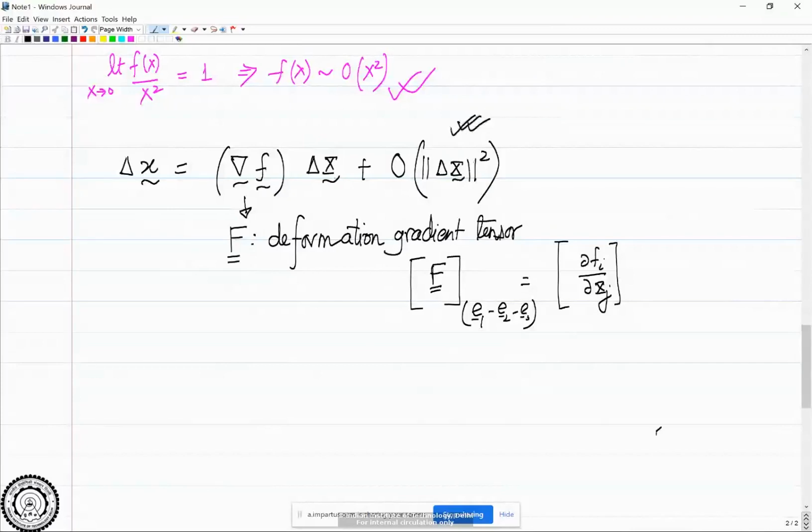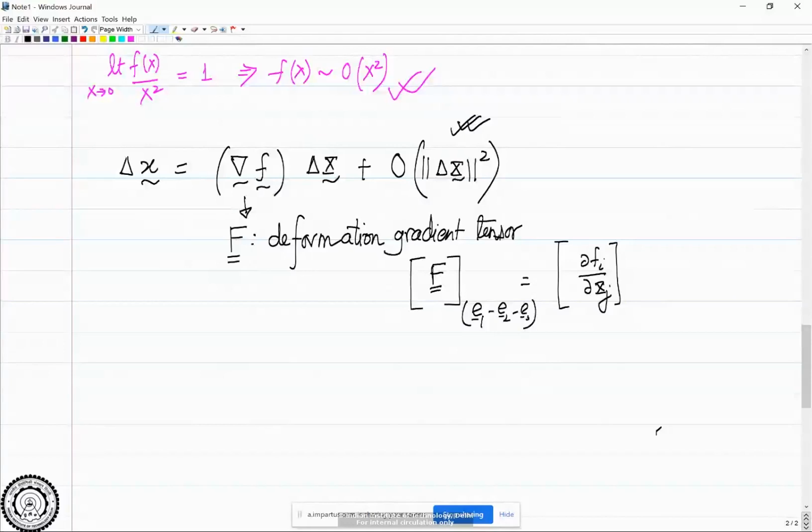For example, suppose the length of delta capital X is 0.01. This big O is 0.01 square, so it's very small. If you make it 0.001, 10 to the power minus 3, then this big O becomes 10 to the power minus 6.